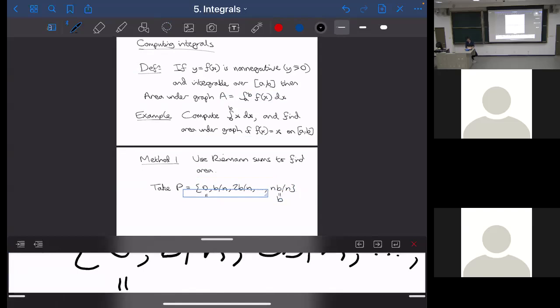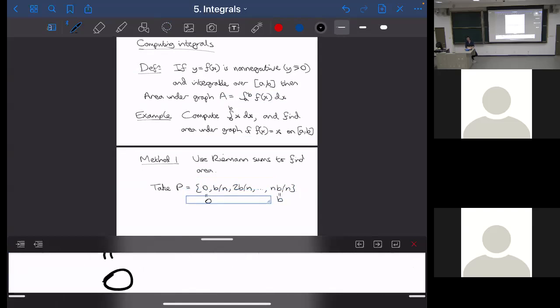So 0 here and b are the endpoints of the interval.